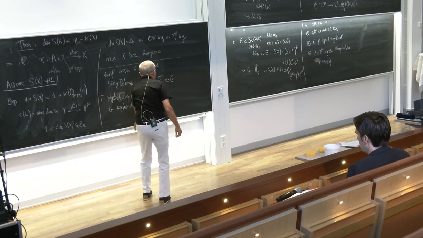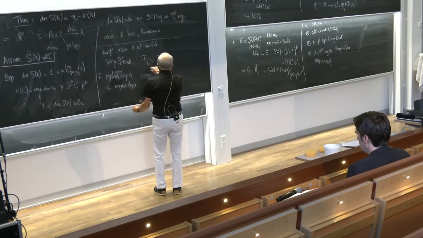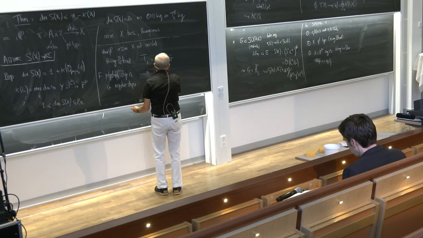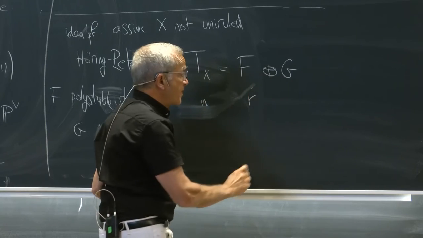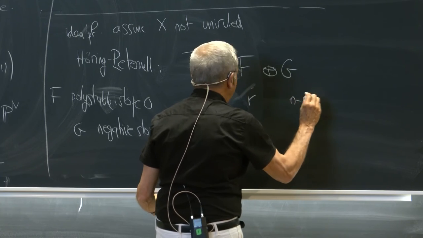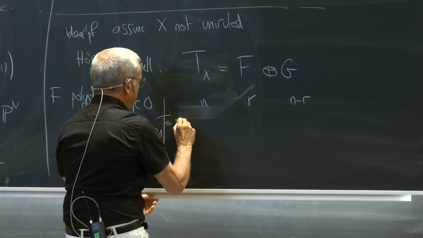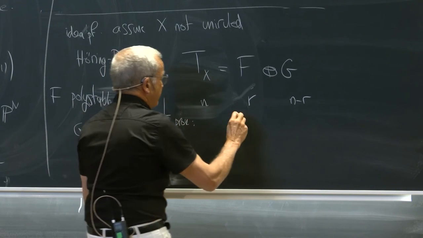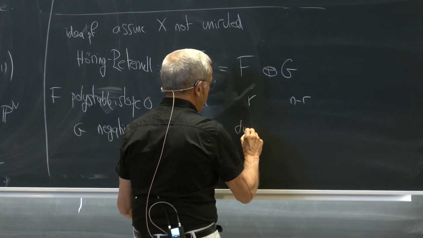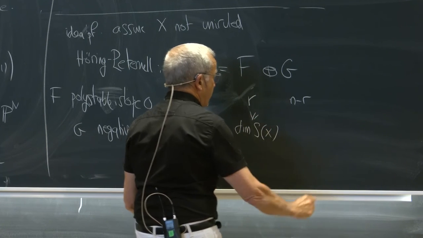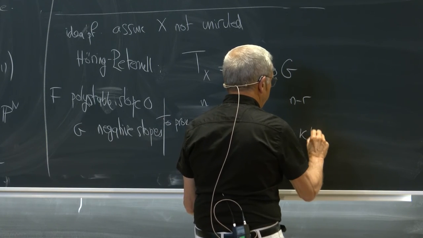And now, to prove, let's fix the rank. So this is the rank n. Let's say this is of rank r, and this rank n minus r. What we want to prove is that here the dimension S of X is r, and here kappa of X is n minus r.